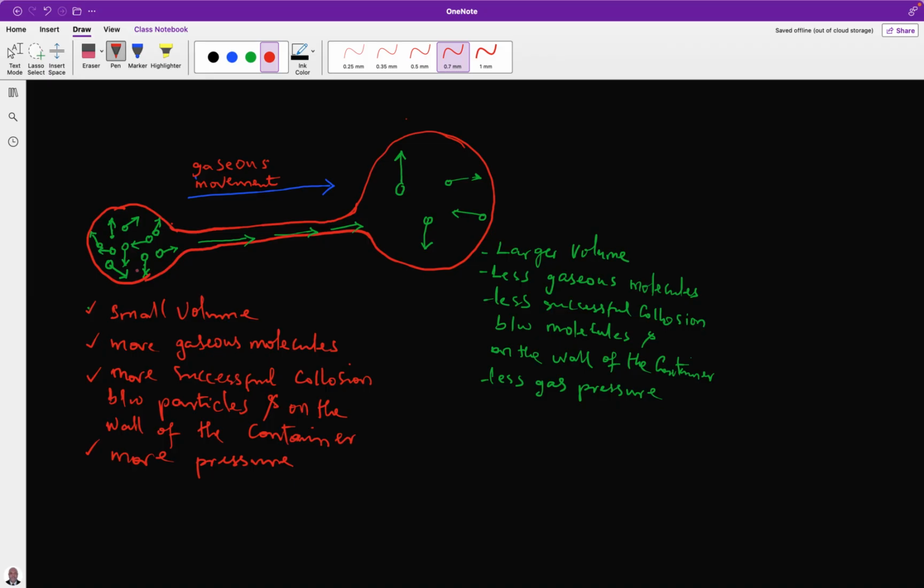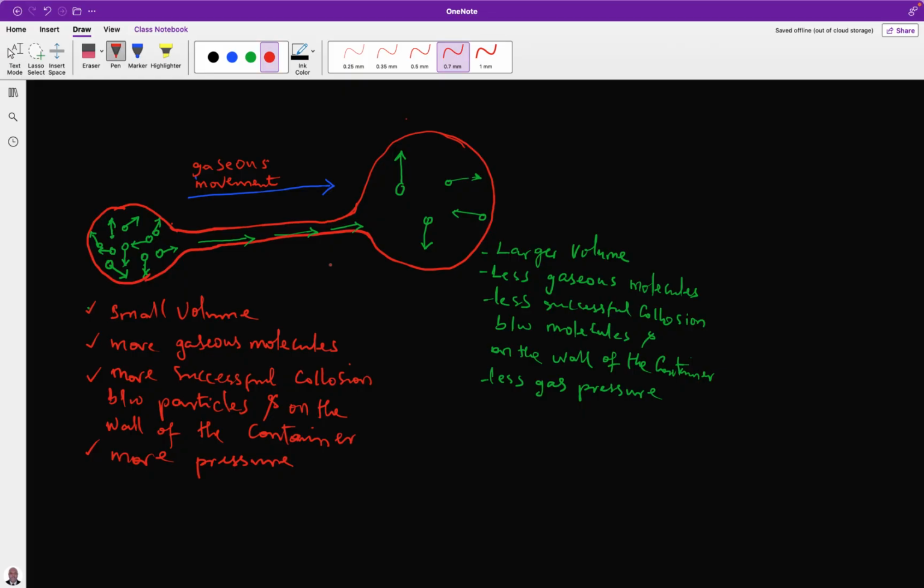The particles here will tend to move to the direction of less gaseous molecules, in order to reduce the pressure here, thus establishing an equilibrium.